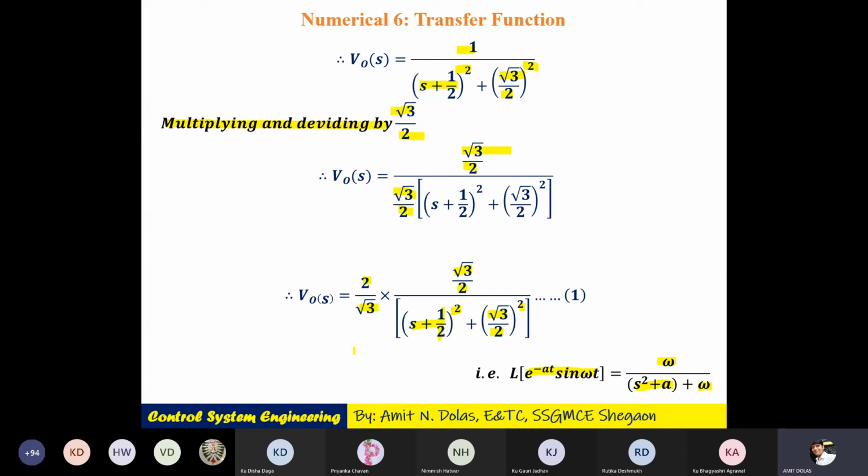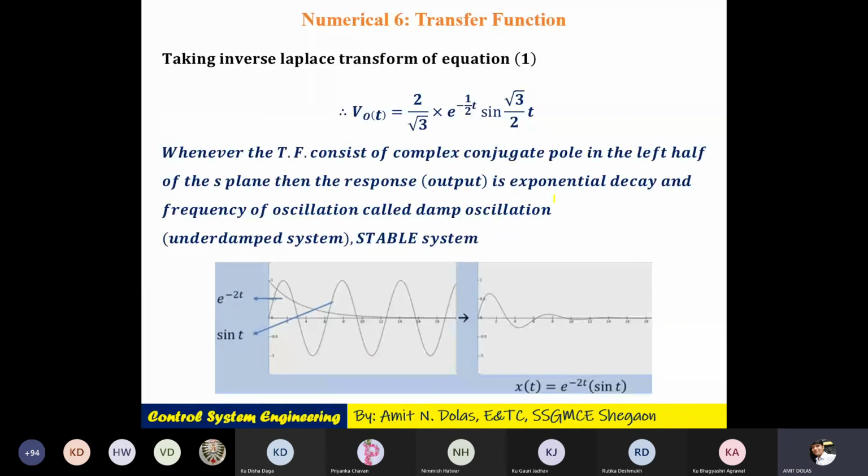So if I take the inverse Laplace transform of this equation, I'll get e raised to power minus at sin omega t, where a is 1 by 2 and omega is root 3 by 2.